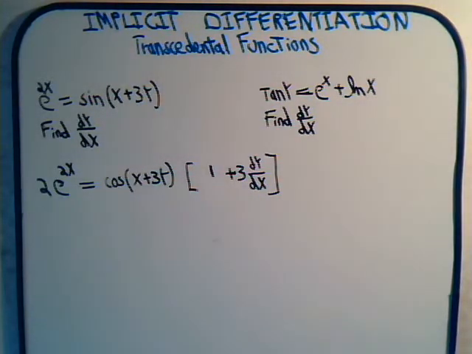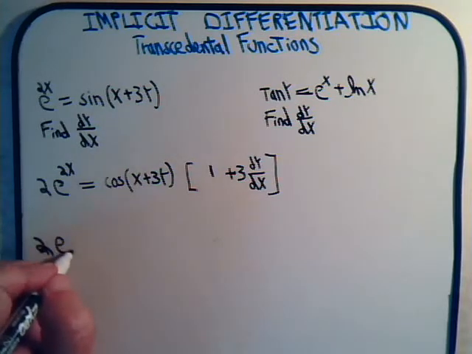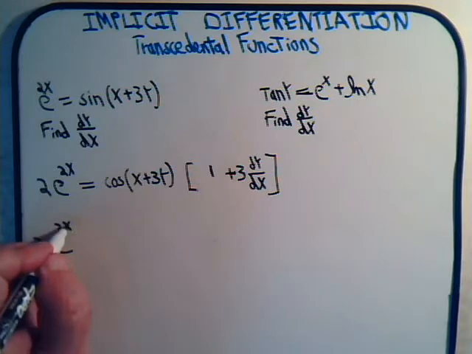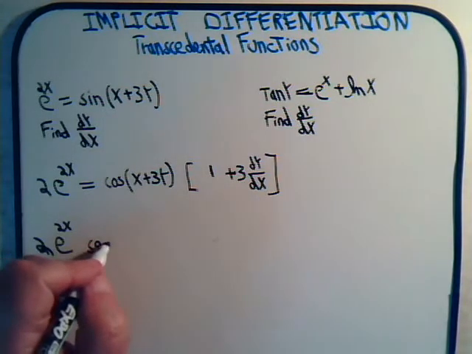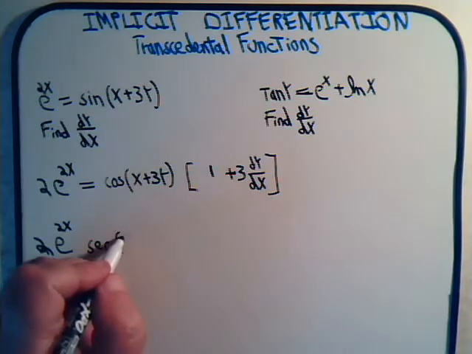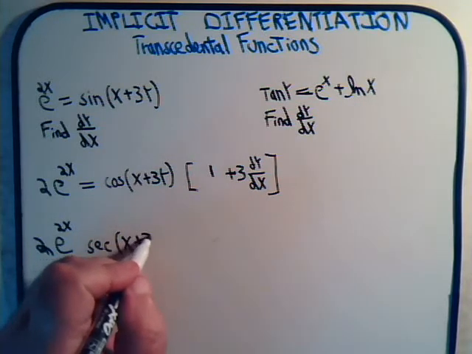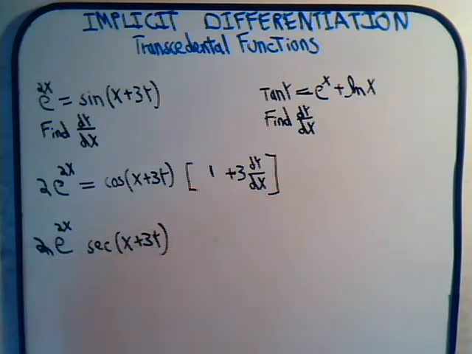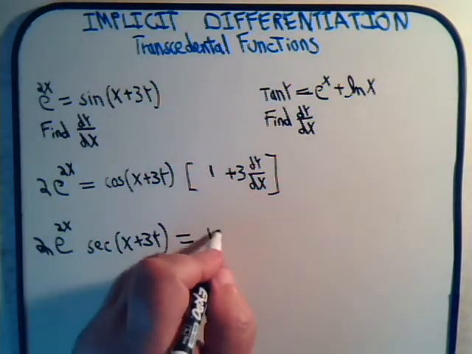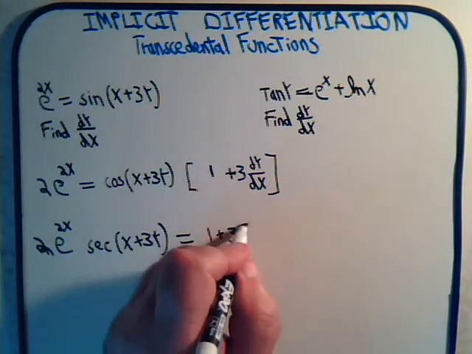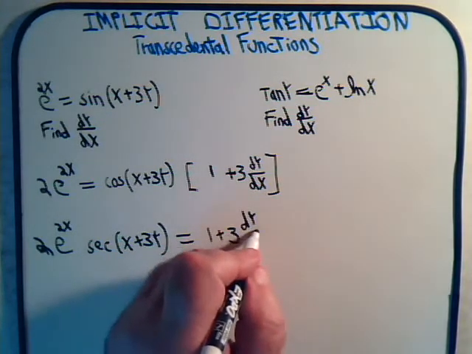So here, on this side of the equation, we'll have 2 times e to the 2x times the secant of x plus 3y will equal 1 plus 3 times dy/dx.